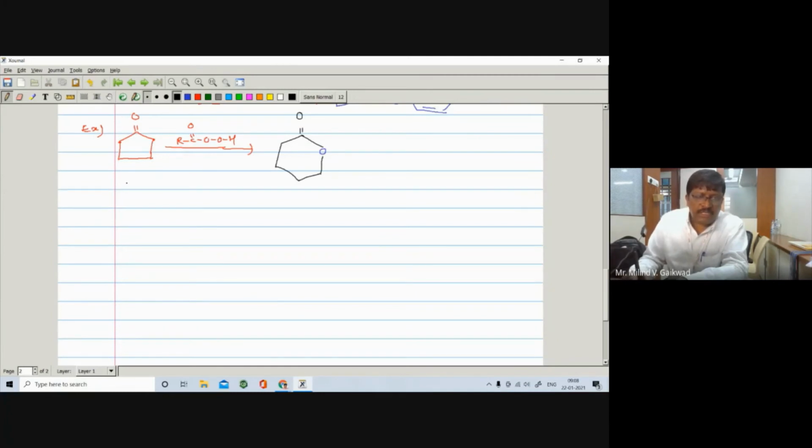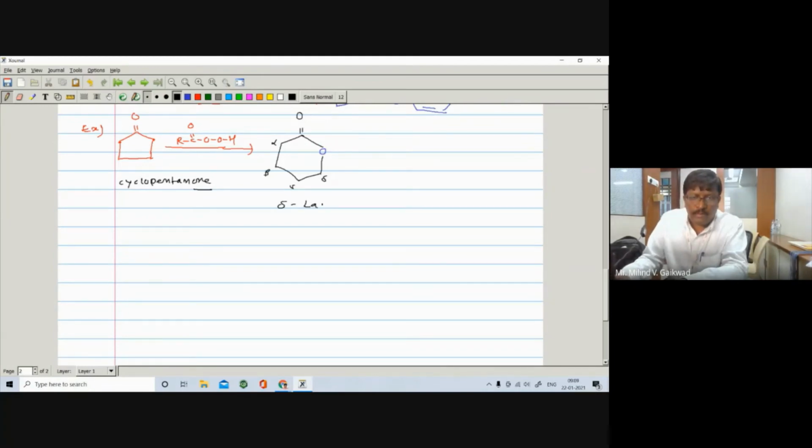It is your cyclopentanone, a ketone, and here is the carbon alpha, then beta, then gamma, and delta. The size of the ring is this one, delta.